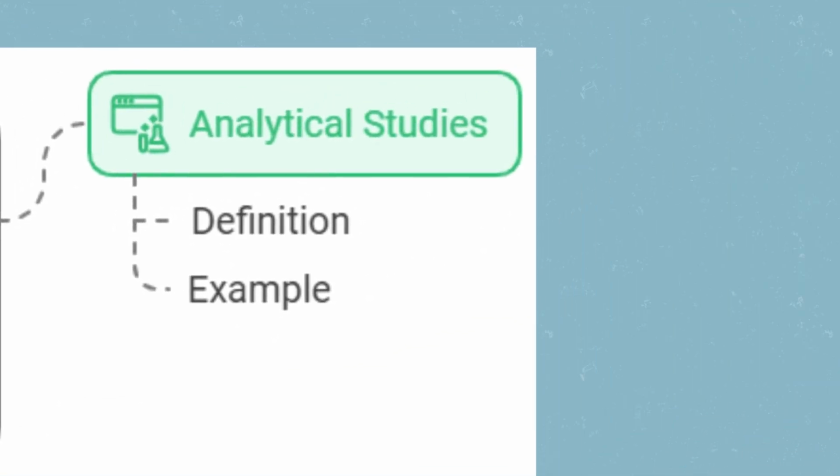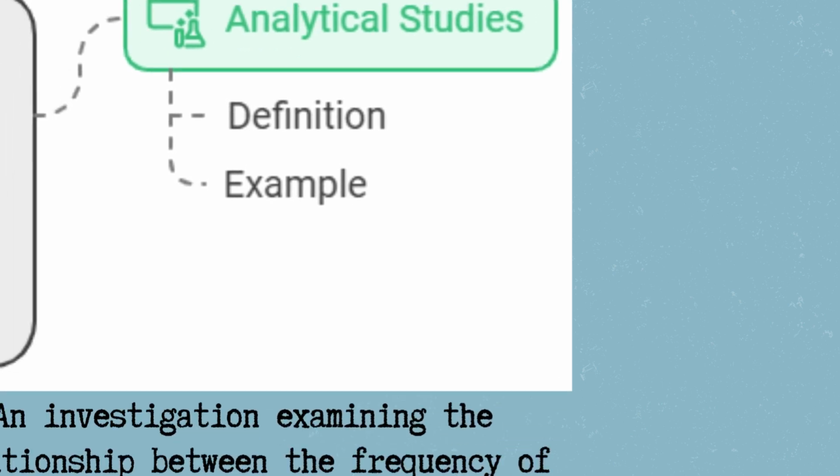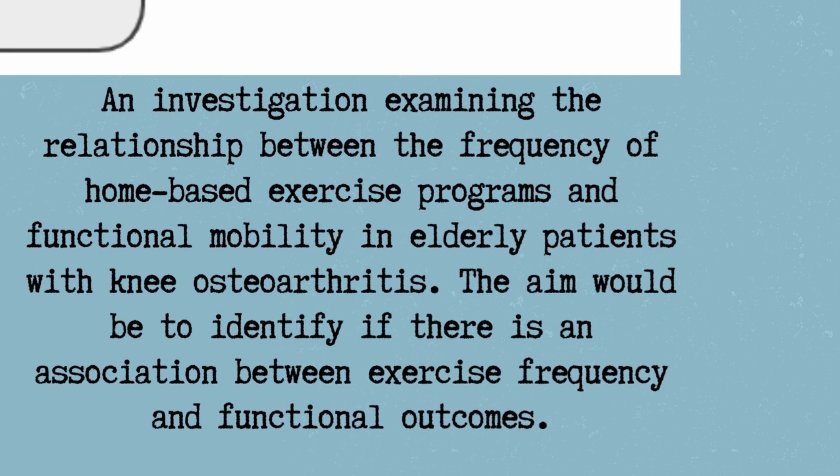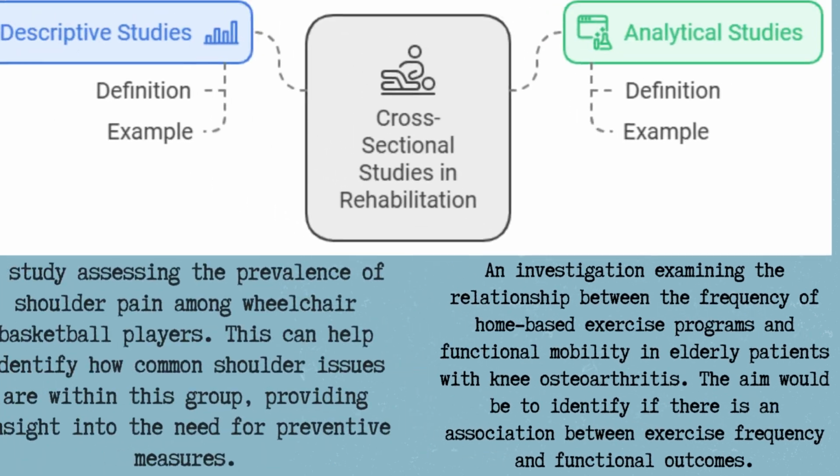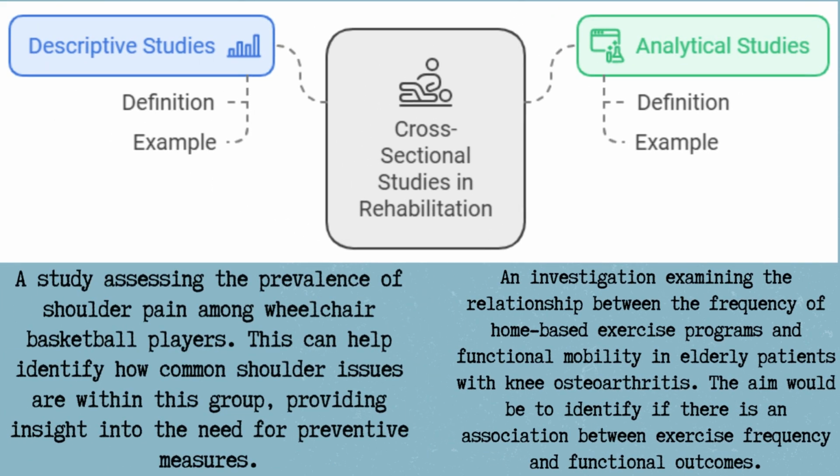In contrast, analytical cross-sectional studies aim to explore associations or relationships between variables, such as investigating whether the frequency of home-based exercise programs is linked to functional mobility in elderly patients with knee osteoarthritis. Both types of studies play crucial roles in identifying patterns and potential risk factors in rehabilitation research.